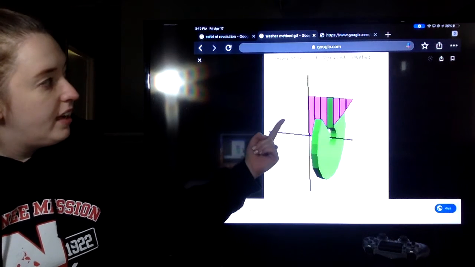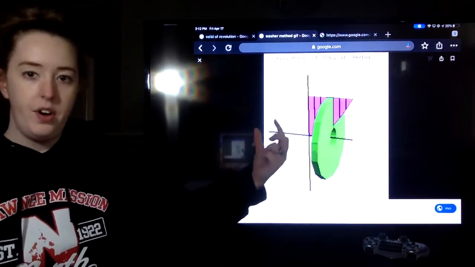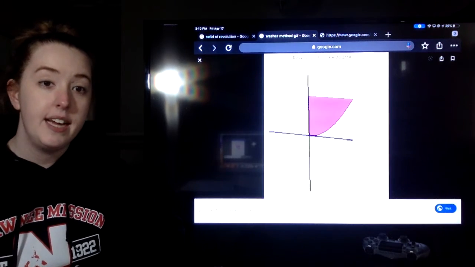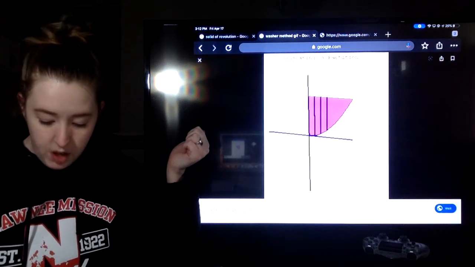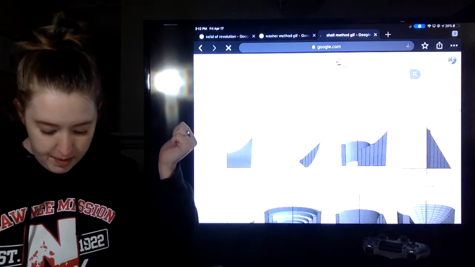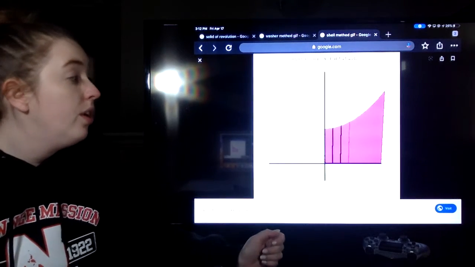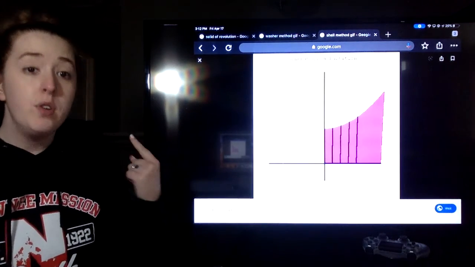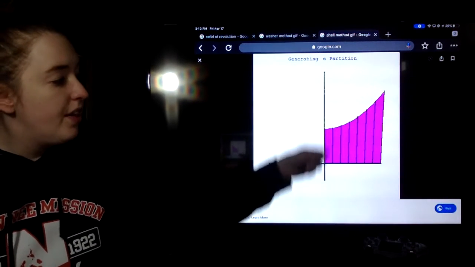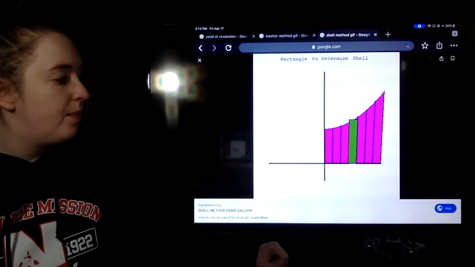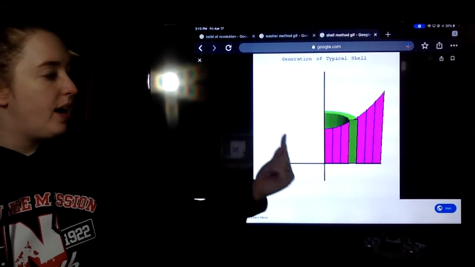It will take several partitions and add the volumes of all of those washers together to get the volume of the whole thing. Something else called the shell method is something that you see sometimes. This is when we rotate a function around the y-axis. So this time they'll cut those partitions vertically, and then they'll spin it around the y-axis.